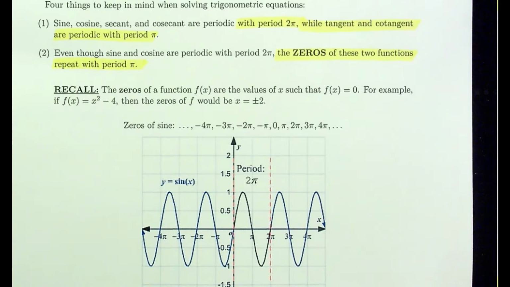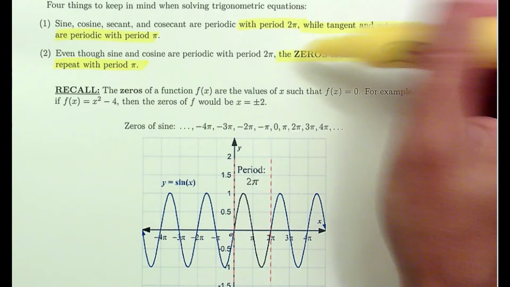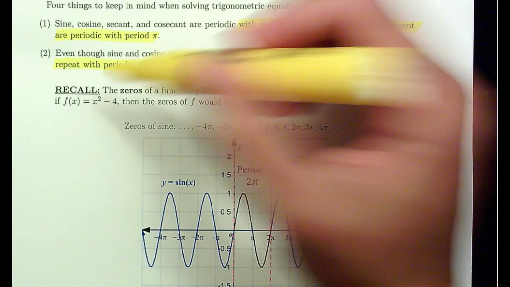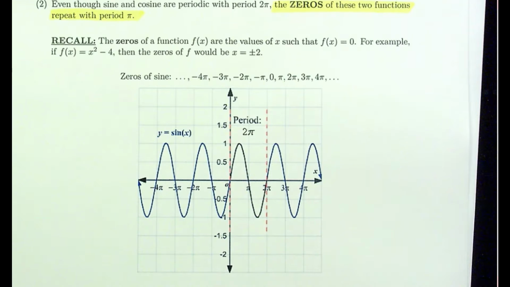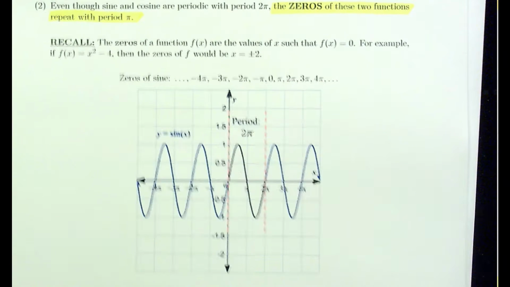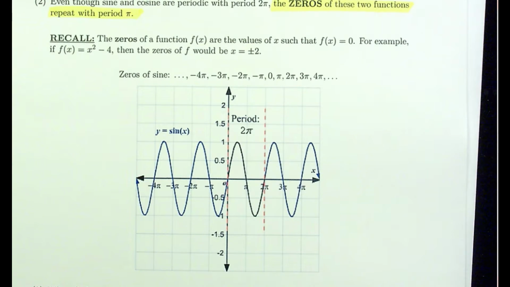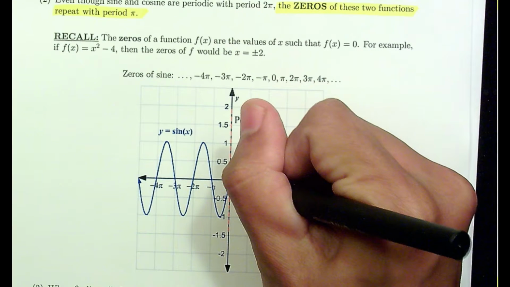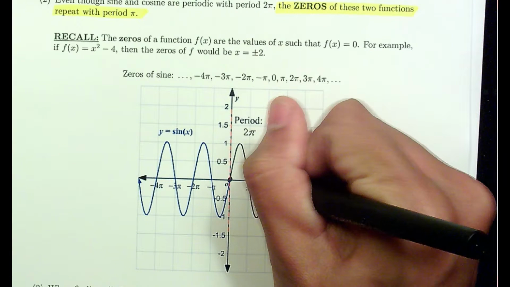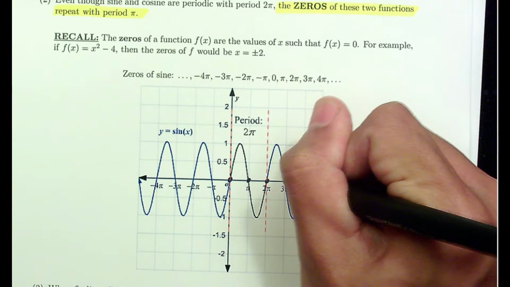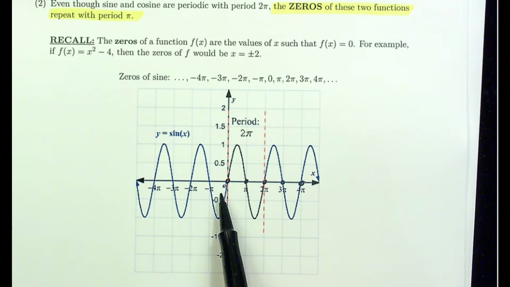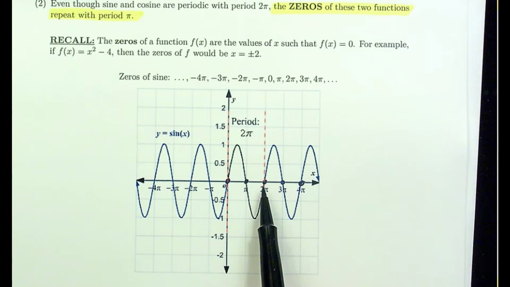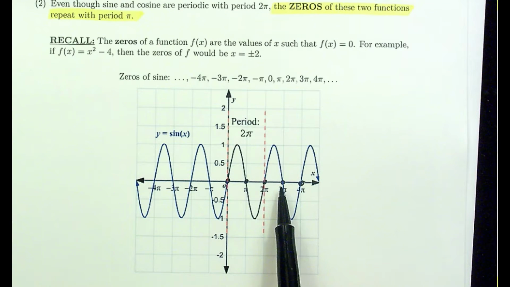Now, what do we mean by this statement here? The zeros of sine and cosine repeat with period pi. Well, for example, if you look at the graph of sine, note that the zeros, which in terms of the graph is just the points at which the graph cuts the x-axis, are these numbers right here. And so you have a 0 at 0, the next one is at pi, the very next one is at 2 pi, the very next one at 3 pi, the very next one at 4 pi.